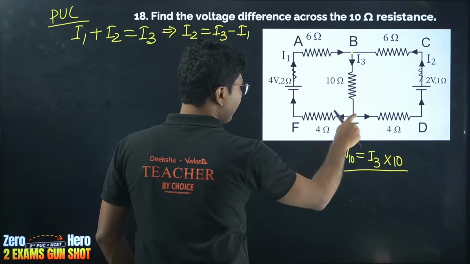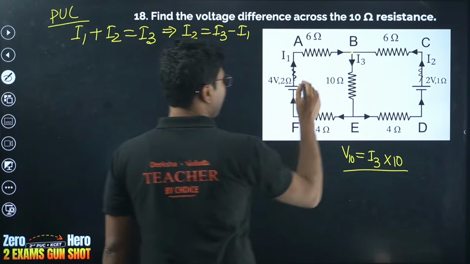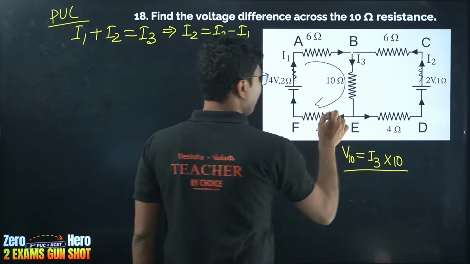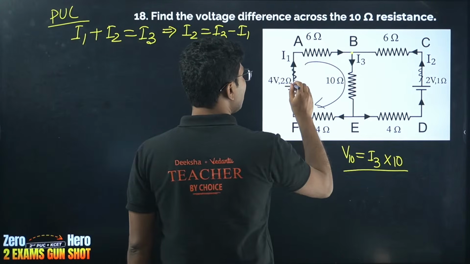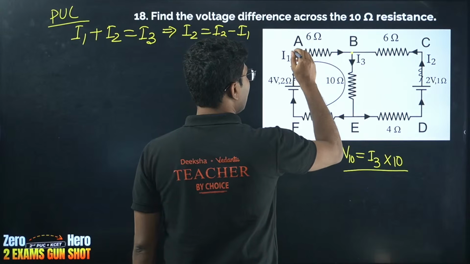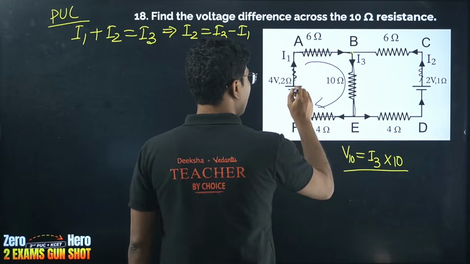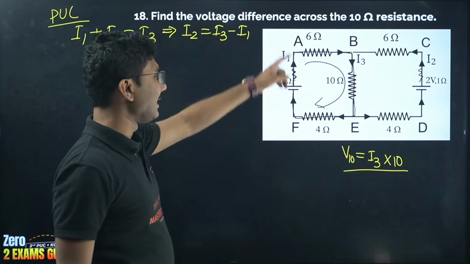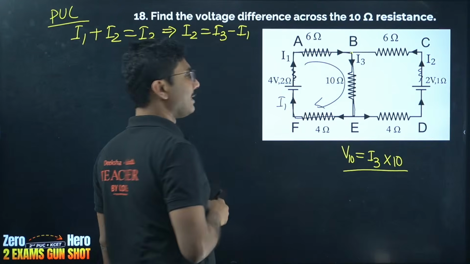This is the direction of current, so we will take 2 loops. First loop is this one, and we will always try to move in the direction of the current. The battery is sending a current I1, so the current that comes back through the battery will also be I1.